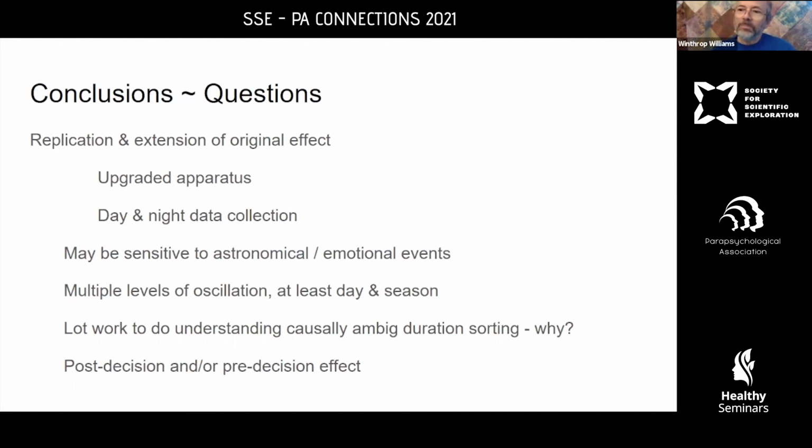There are some indications that if you don't choose a random duration, you might not get this duration sorting effect at all. We didn't show you this data, but I'm telling you based on my own observations. So it might be that there has to be a choice. Fascinating stuff. Thank you once again for this really hot off the press, interesting talk.